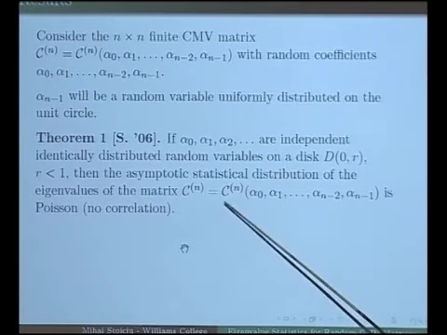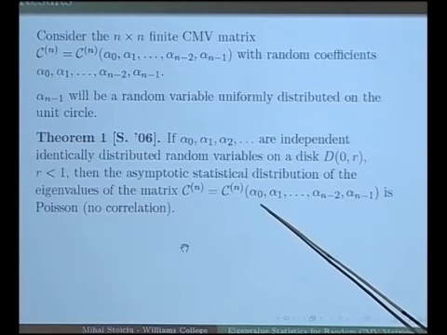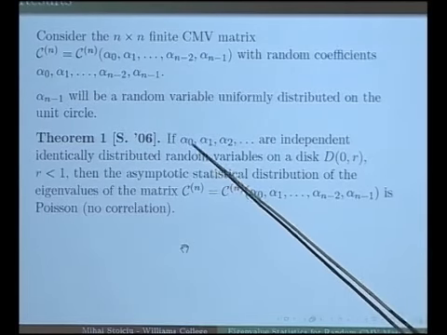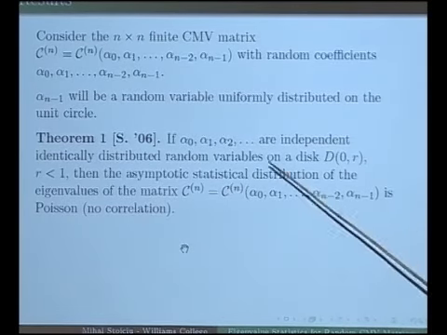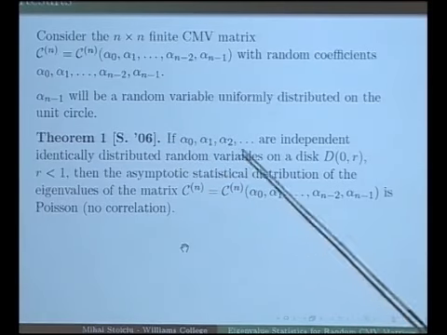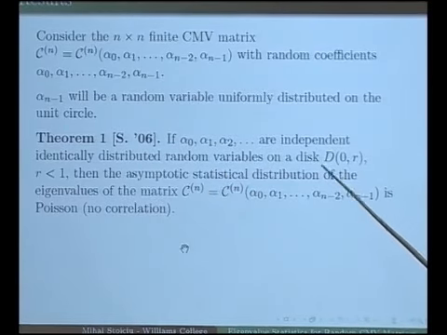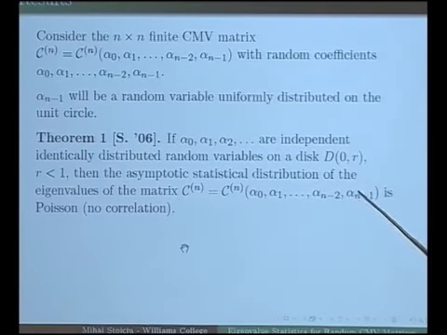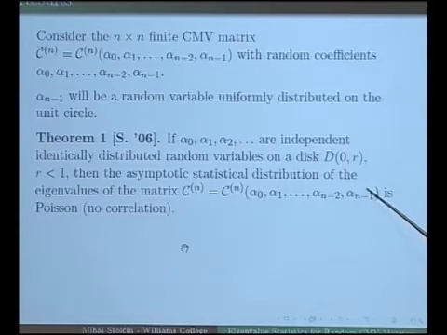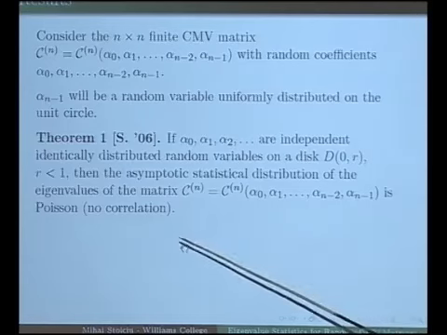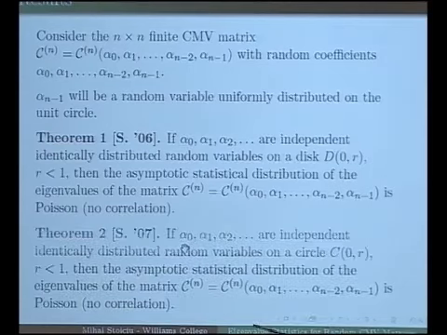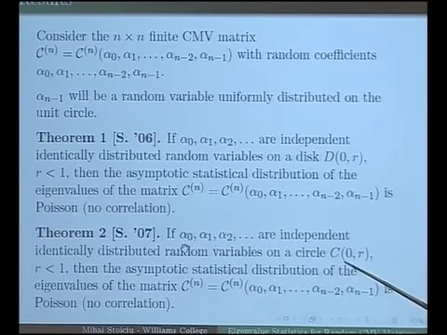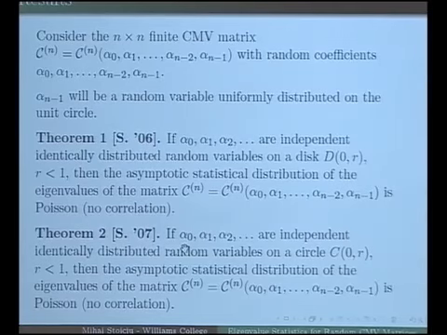Okay, so as we said, we will consider n by n finite CMV matrices with random coefficients. What happens if we take the first n minus 1 coefficients to be independent, identically distributed on the disk of radius r, and the last one uniform on the circle?